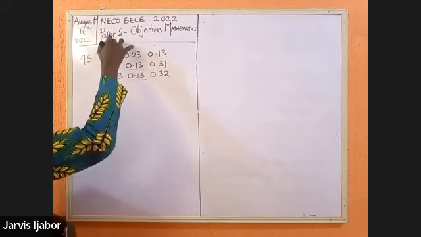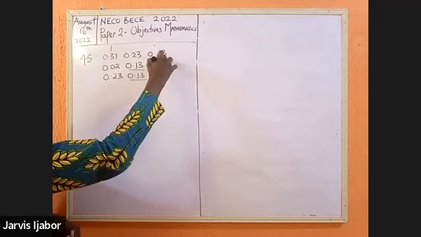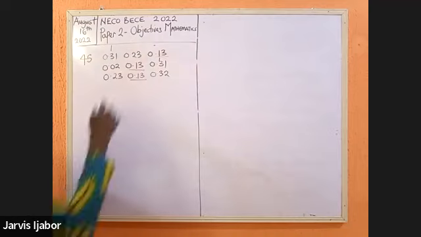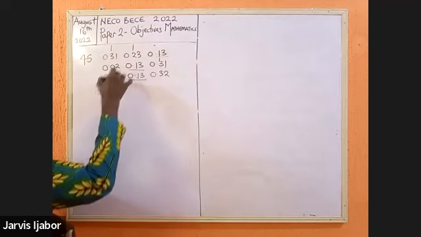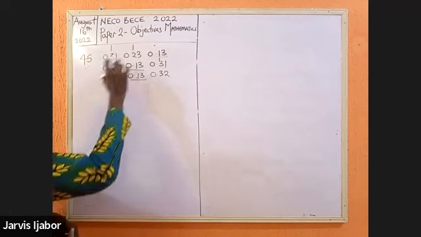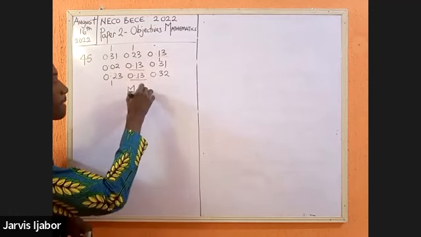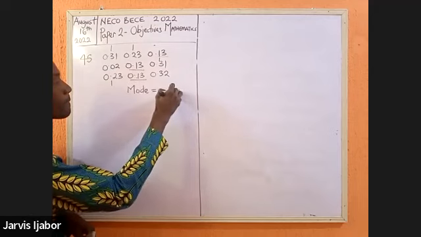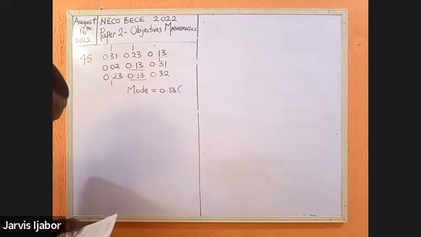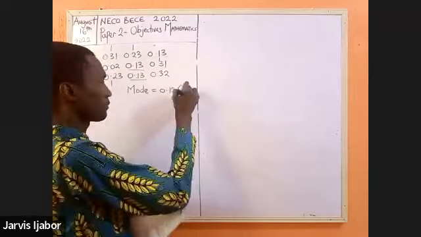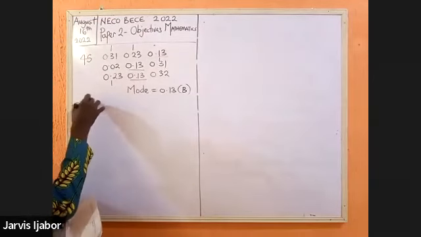If I look at this, it is 1, 2. If I look at this, it is 1, 2. So it's clear that 0.13 has occurred the most. So the mode is 0.13, and that would be B.